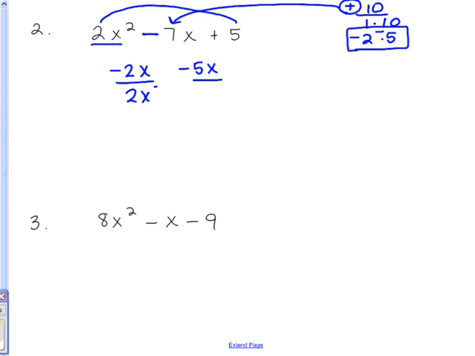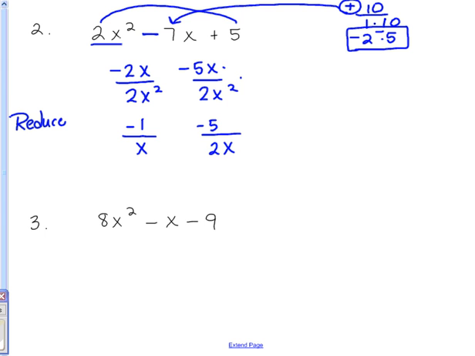So I'm going to divide by 2x squared, and reduce each term. If I reduce negative 2x over 2x squared, that's going to reduce to negative 1 over x. Then if I reduce negative 5x over 2x squared, the negative 5 over 2 would not reduce, and x over x squared would give me x in the denominator.